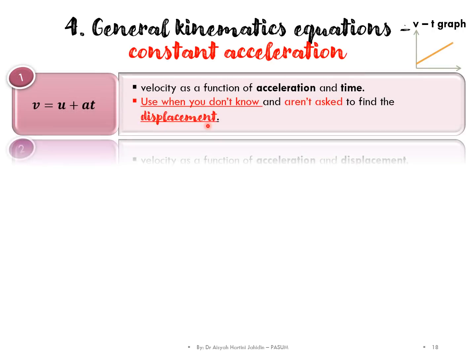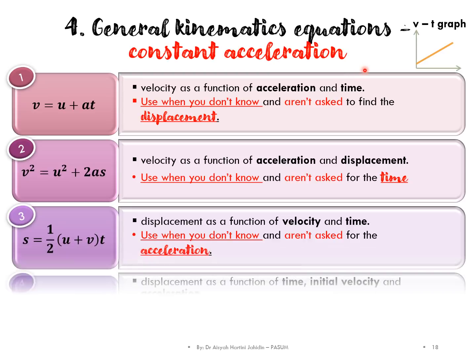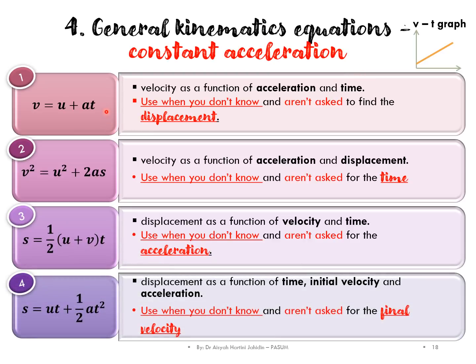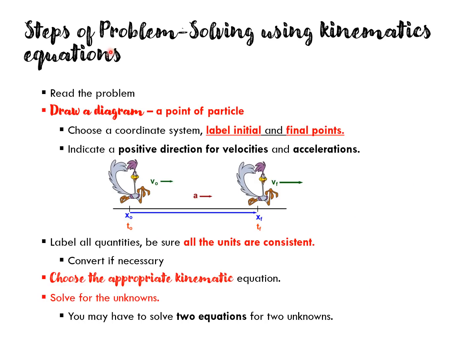These are the general kinematics equations for constant acceleration. Usually we will use the first, second, and fourth kinematics equations a lot. Steps of problem solving using kinematics equations: first and foremost, you need to read and understand the given problem. This part is very important when you want to solve any problem in physics. It is highly advisable to sketch or draw a diagram. For kinematics, you may sketch the object as a point particle.